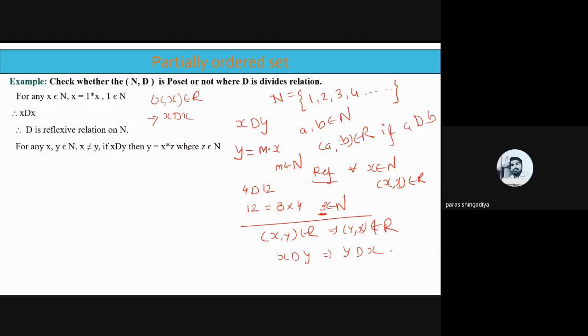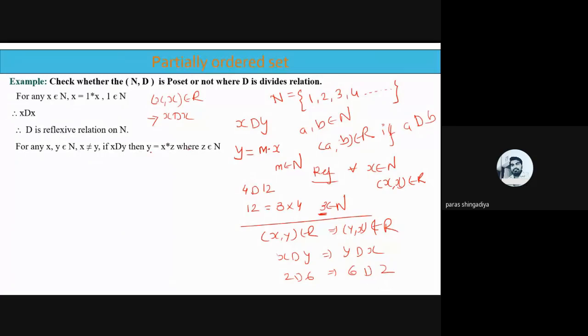That is not true. Why? Because if we consider 2 divides 6, that is true, we cannot say 6 also divides 2. Means 6 can't divide 2, that is y can't divide x. So that is required, (y, x) does not belong to R, and therefore we can say that it is an anti-symmetric relation.